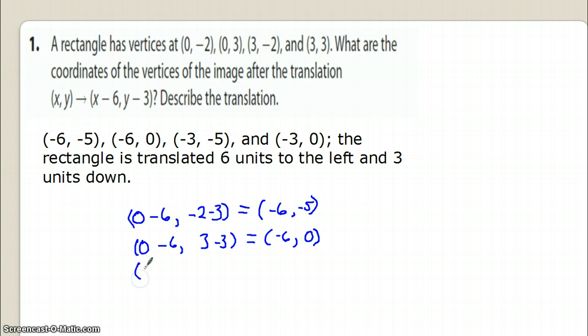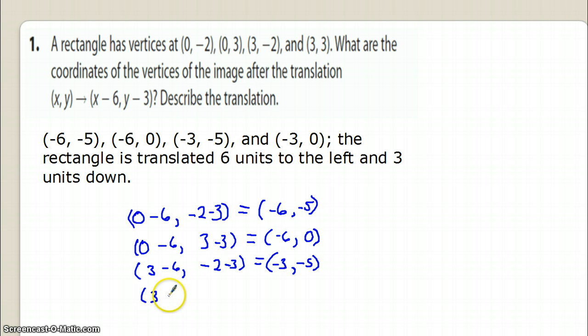Okay, let's take a look at the other one, which is 3. So we'll have 3 minus 6, comma, and then we will also have -2 minus 3. That's familiar. We've seen that up front. And what will we have? Well, 6 minus 3 is 3, but because 6 is greater, we keep the negative sign, giving -3. And then of course 2 and 3 is 5, and we keep the negative, that's what the rules say, and we get -5. The last one, we have 3.